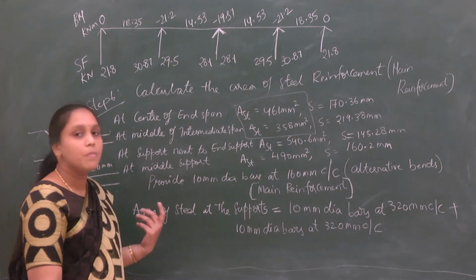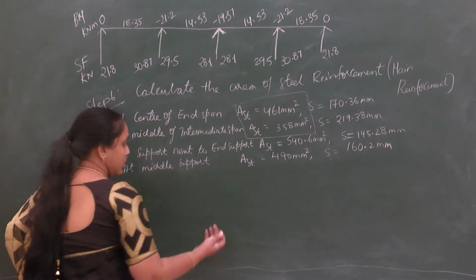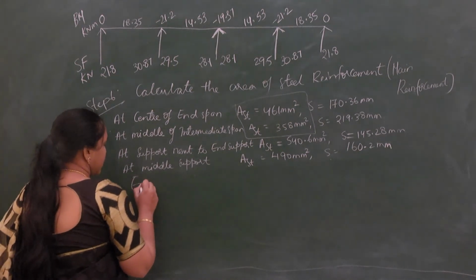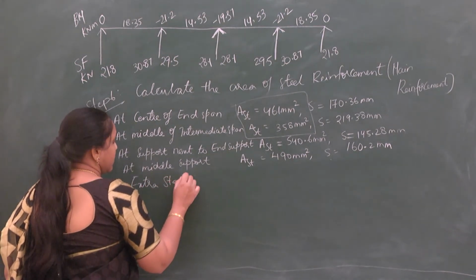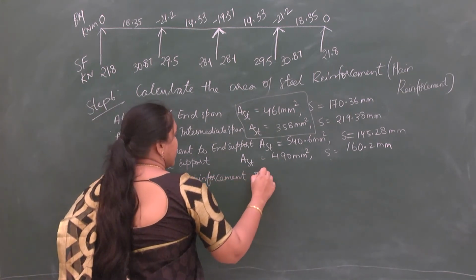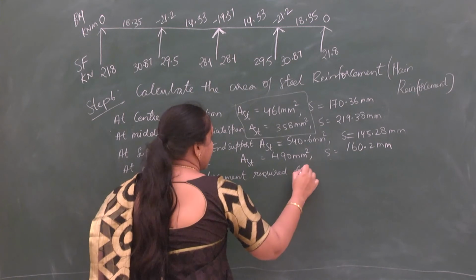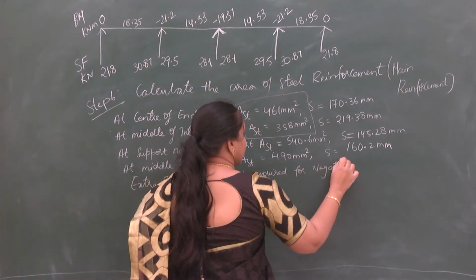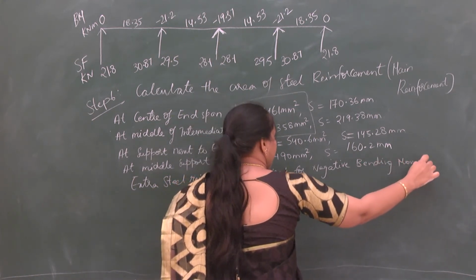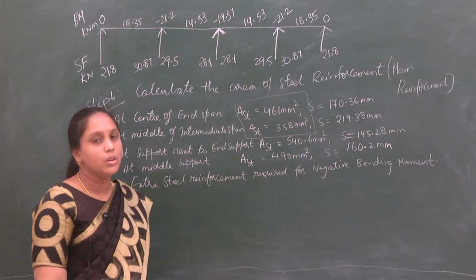Now let us calculate the extra steel reinforcement required for negative bending moment. For negative bending moment, what extra steel is required is what we have to calculate now.